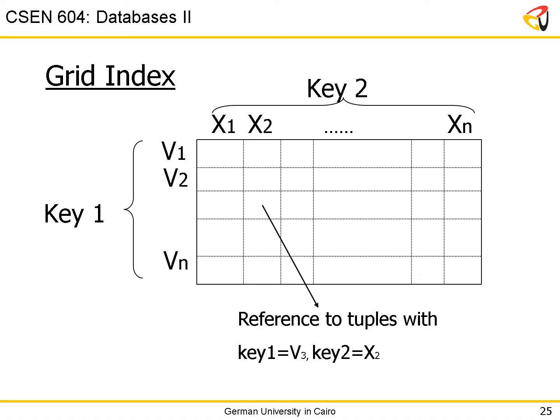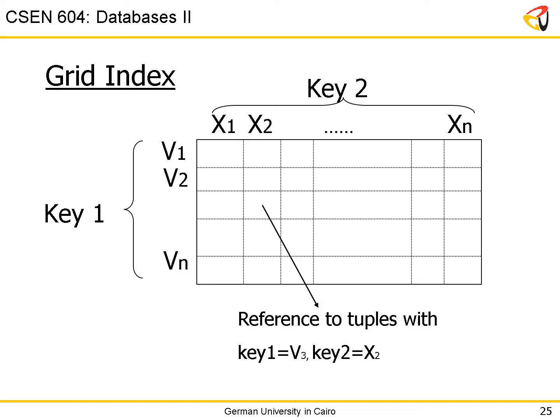The intersection of a V row and an X column is a cell that has references to all the rows that match the particular V and the particular X we are trying to address. Okay, so this is the layout if you have a grid index on two columns.